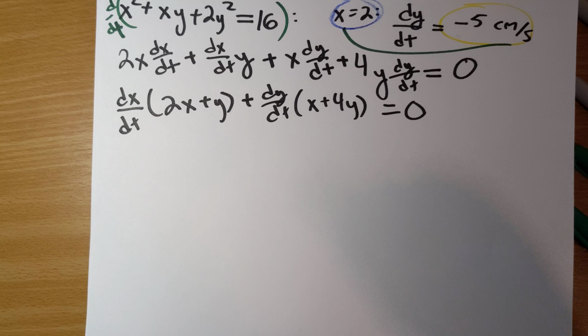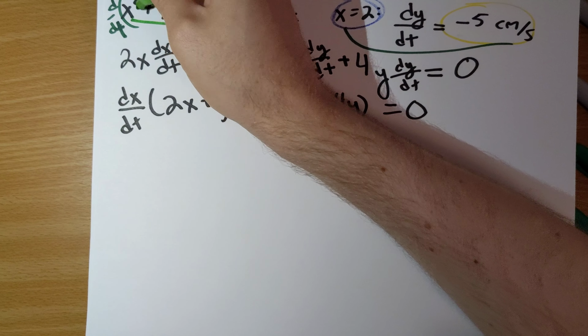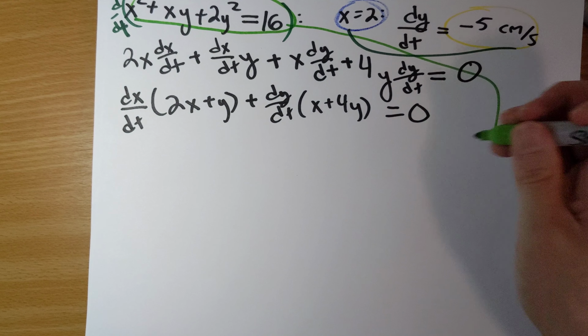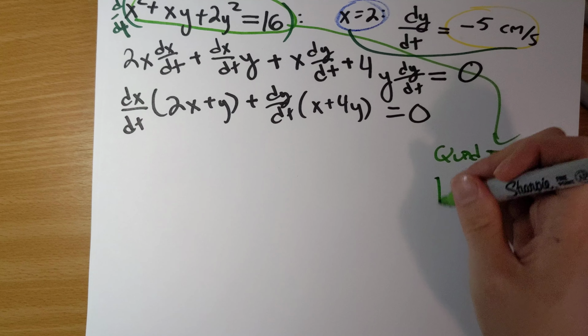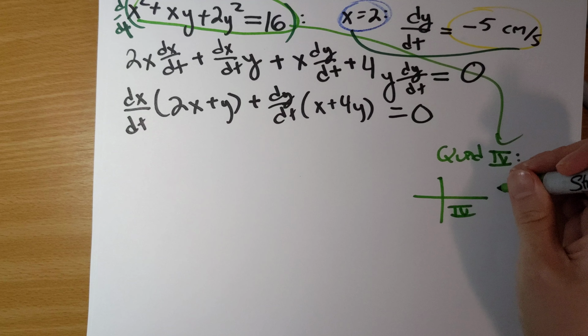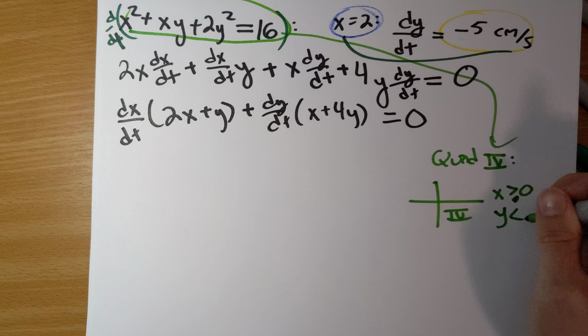And we're told that we're in the fourth quadrant. So being told that we're in the fourth quadrant, we can plug in. Quadrant 4, that is x is positive, y is negative.